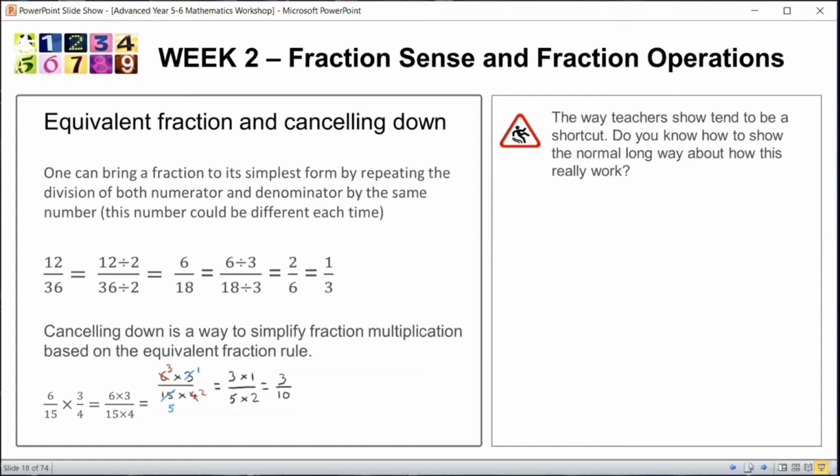So if you have 12 out of 36, you can cancel down, and we have done that. So you get to there. The canceling down is something that all of you know already, right? Yeah. I want you to confirm that.